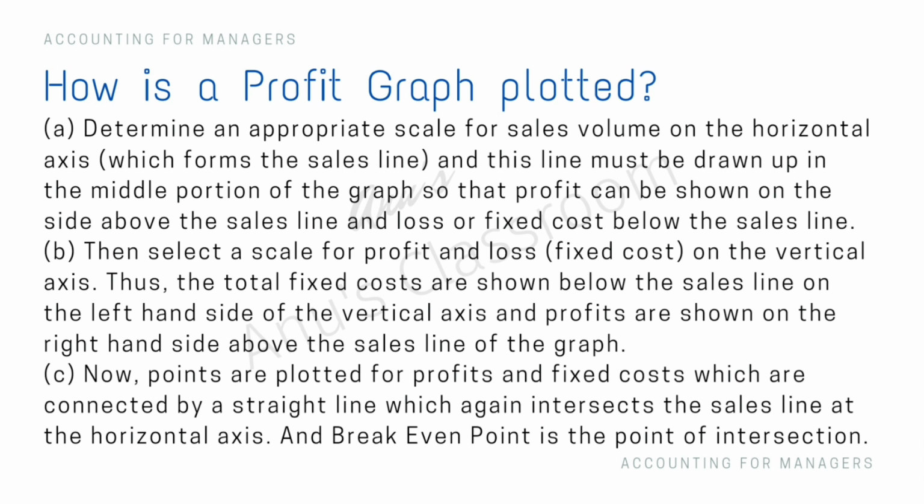So whatever revenue we mention above the line will be your profit, and below the sales line will be a loss. Thus, when we select the scale for this profit and loss or fixed cost on the vertical axis, we can find the total fixed cost as shown below the sales line on the left hand side of the vertical axis, and profits can be shown on the right hand side above the sales line of the graph, as we just mentioned.